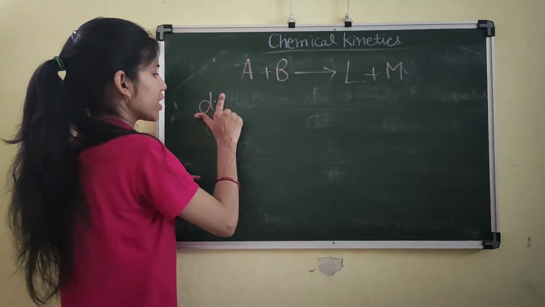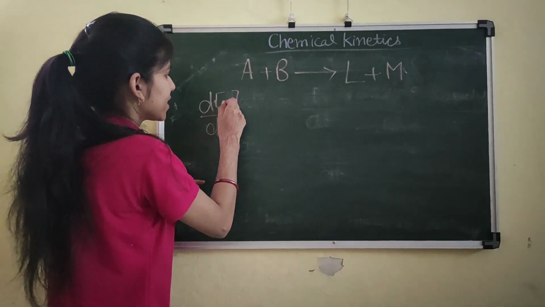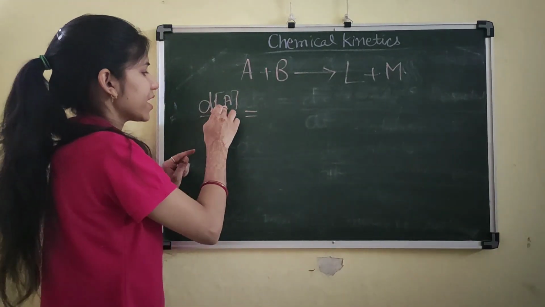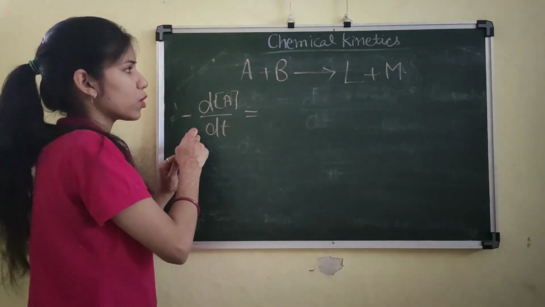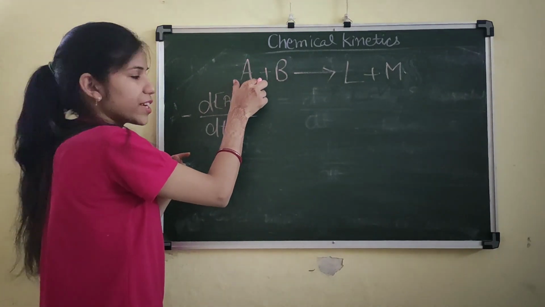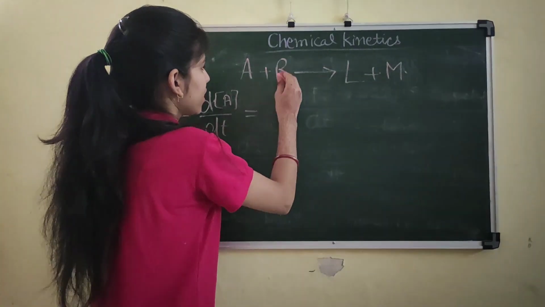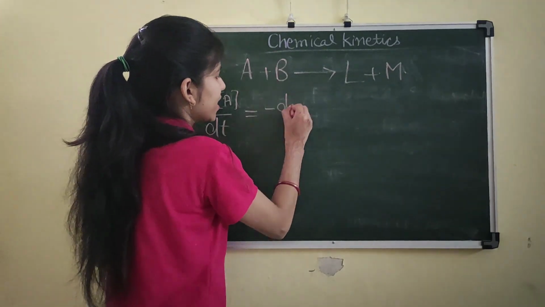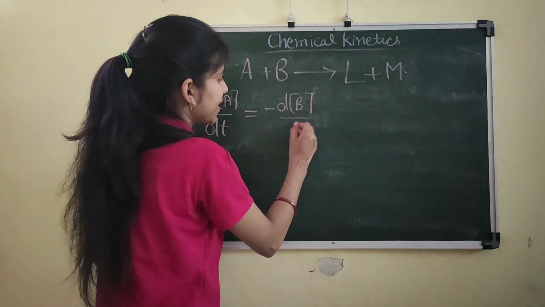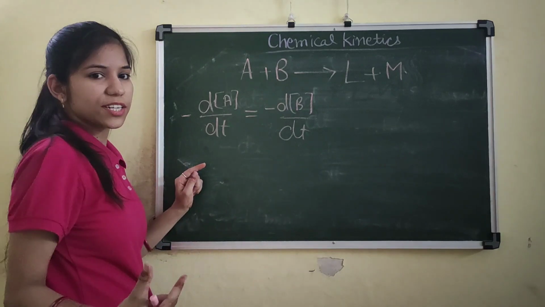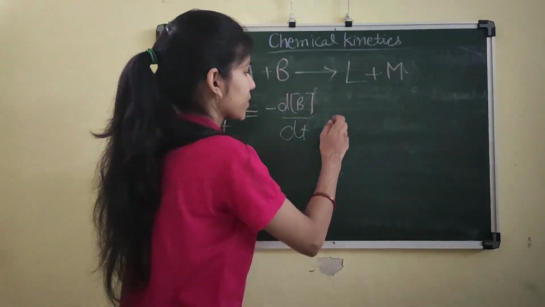For A, it is minus dA by dt, because the concentration of reactant falls, and minus dB by dt, because B is also a reactant whose concentration decreases.